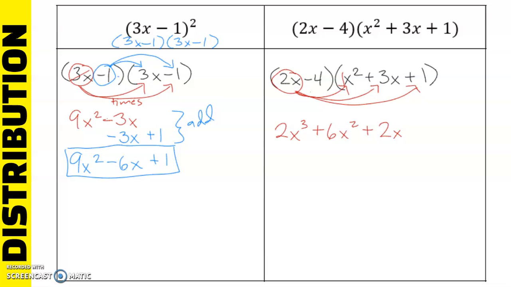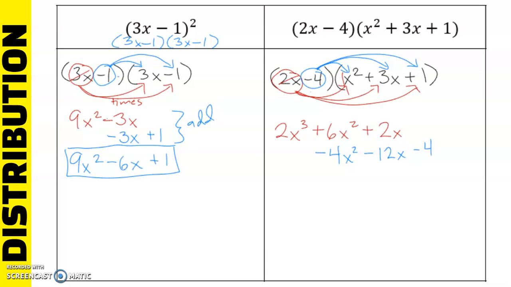I've done 2x times everything in that second parentheses, so I'm done with that. And now it's time for -4. Watch your signs, watch your exponents. -4 times x squared is -4x squared. -4 times 3x is going to be -12x. And -4 times 1 is -4.